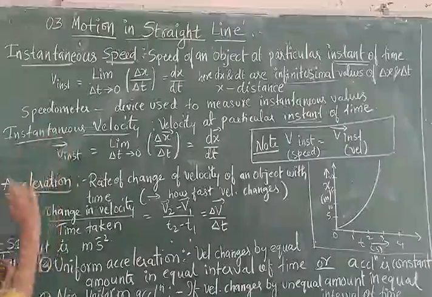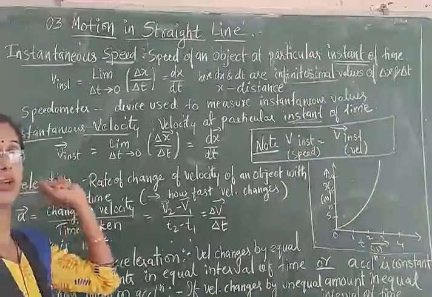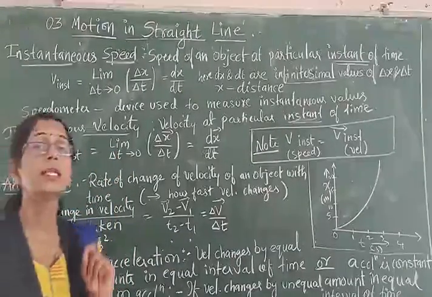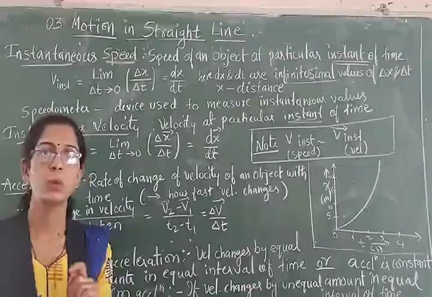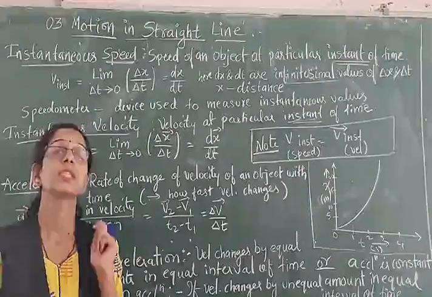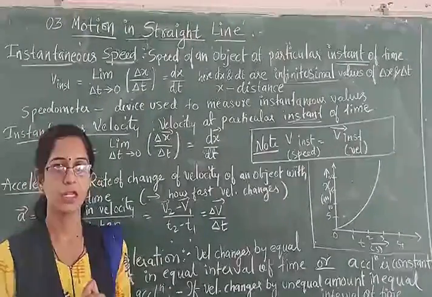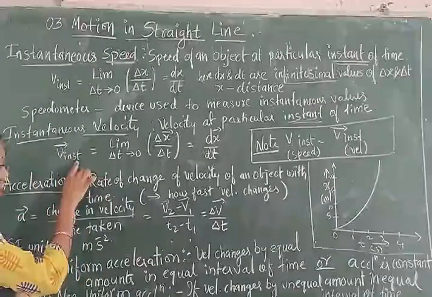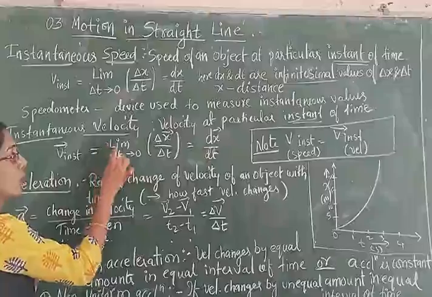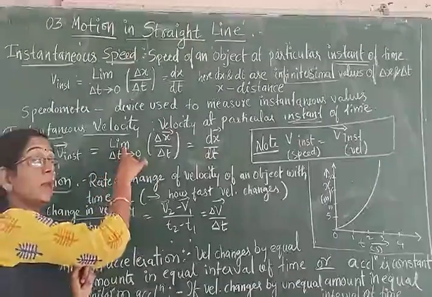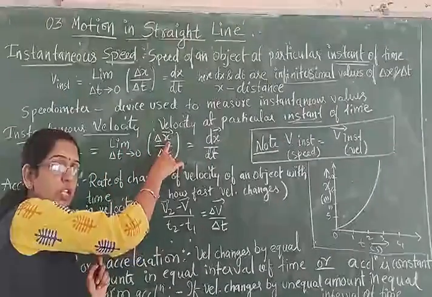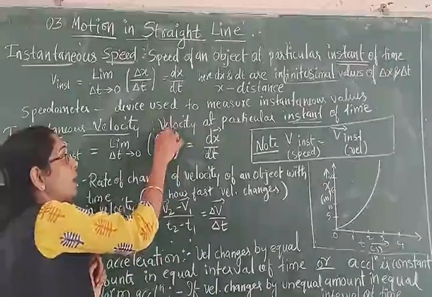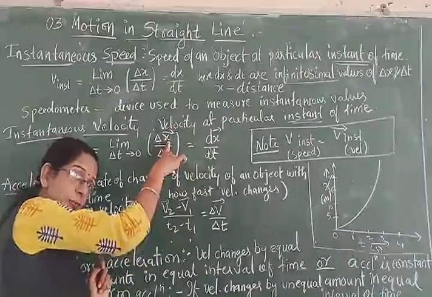I have already told that the bar notation or arrow above the variable represents that the variable is a vector quantity. A vector has magnitude as well as direction. So V bar, the instantaneous velocity, is equal to, again you apply the limit for change in displacement with respect to time, that is delta x bar. It indicates that this is a displacement.